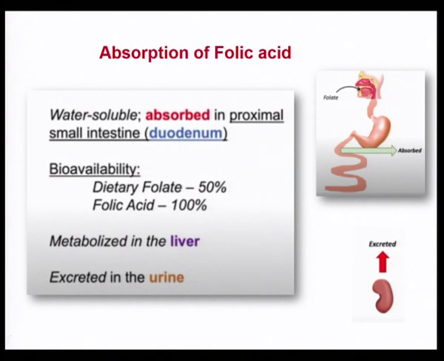But when taken directly as folic acid from supplements, the bioavailability is quite 100%, because you do not have much of a barrier problem connected with folic acid, and it can be made available in the tissues. And as we saw just now, how folic acid is metabolized in the liver, unmetabolized and metabolized folic acid are excreted in the urine.